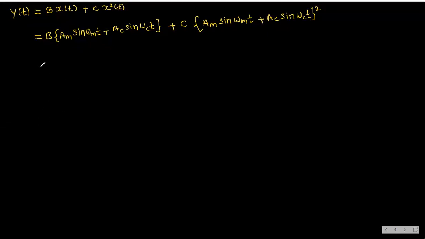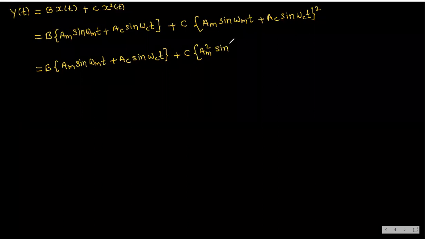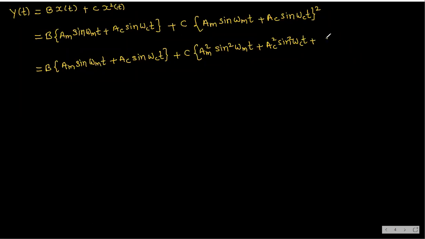Now let's expand this term. Before that, this one I am writing as it is: Am sin omega mt plus Ac sin omega ct plus c into bracket Am square sin square omega mt plus Ac square sin square omega ct plus 2 into Am Ac sin omega mt into sin omega ct.